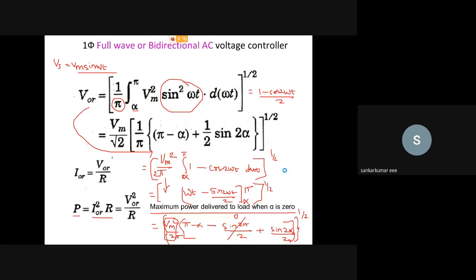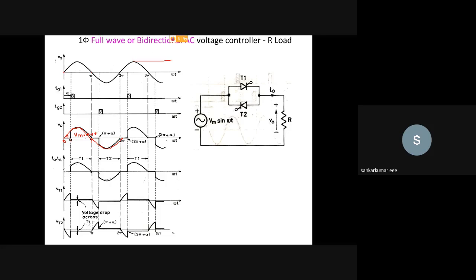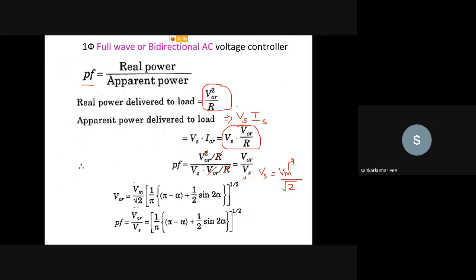So in this waveform, this is your Vm, and from this we can calculate the RMS value of Vs, which will be equal to Vm divided by root 2, right?